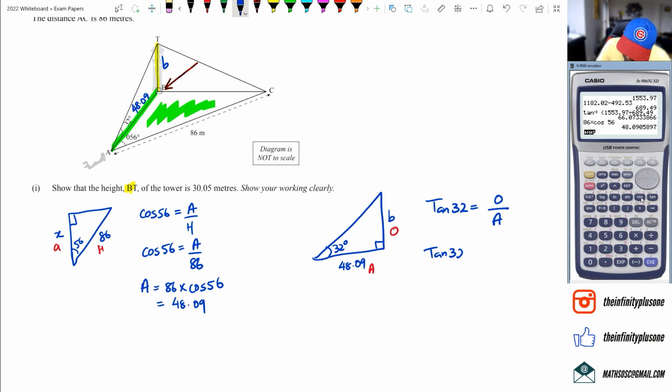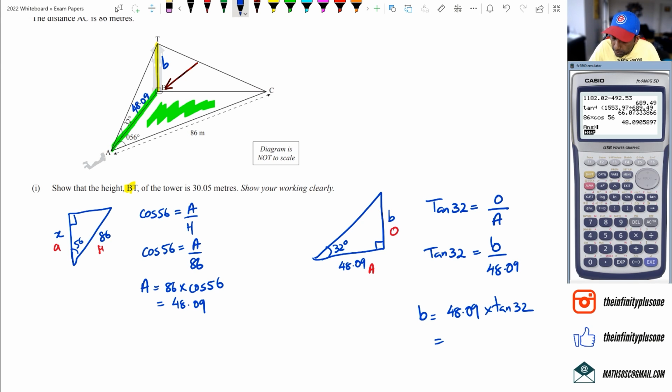So tan 32 equals B divided by 48.09. So B is equal to 48.09 multiplied by tan 32. So there we go, that gives me 30.05 meters. And I believe I've actually shown that.